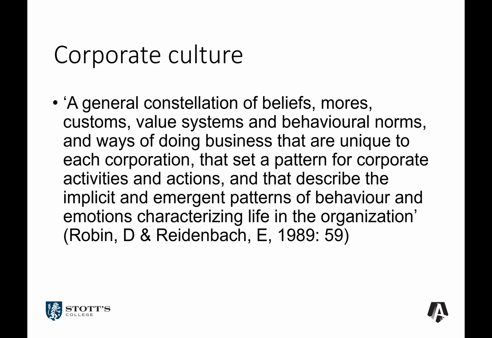Implicit and emergent means things that you expect to happen in the organisation and things that emerge and change in the way things are occurring in the organisation. And the emotions characterising life in the organisation.